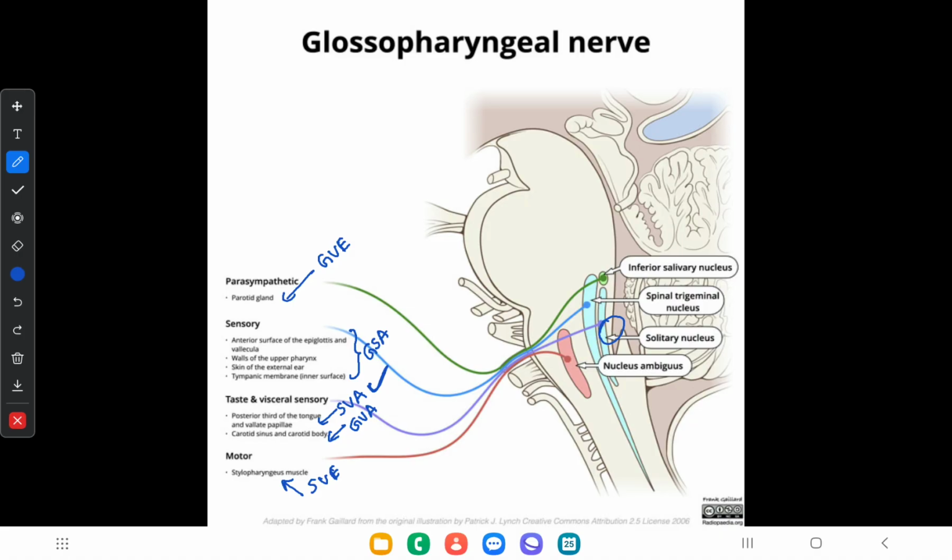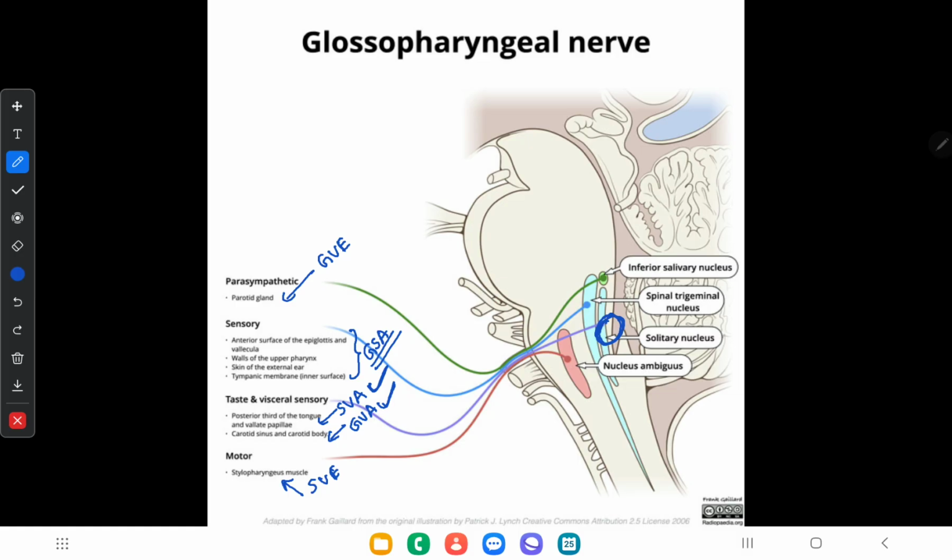Then you have general visceral afferent fibers. These fibers are the central processes of the inferior ganglion and terminate on the nucleus of tractus solitarius, and the peripheral processes of this ganglion bring sensations from carotid body and carotid sinus.